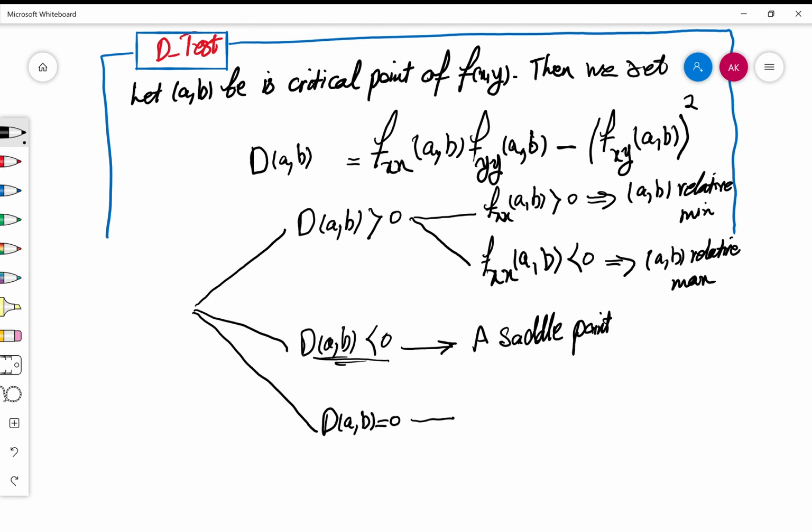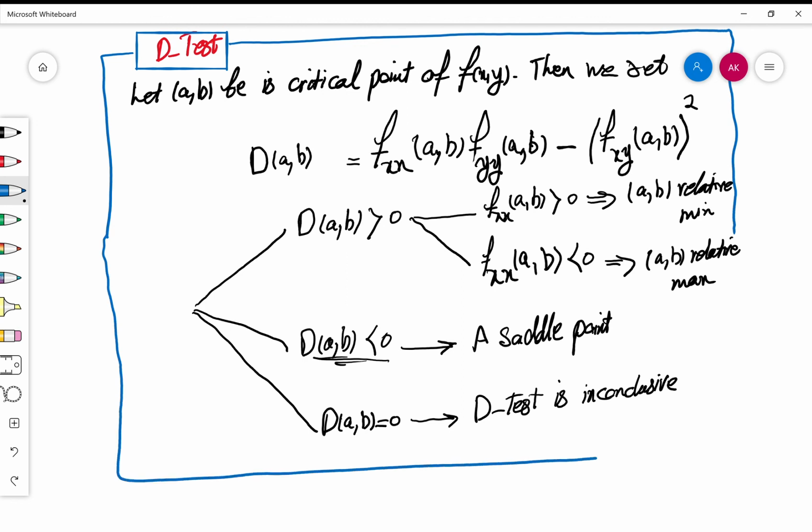Well, in that case, the D-test is inconclusive, meaning that it cannot say anything for sure. It means that point can be relative min, relative max, or it can be a saddle point, it can be neither of these. So the test stops there. You cannot say anything for that specific case.